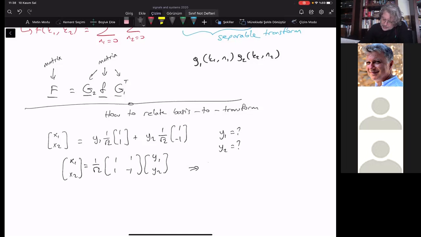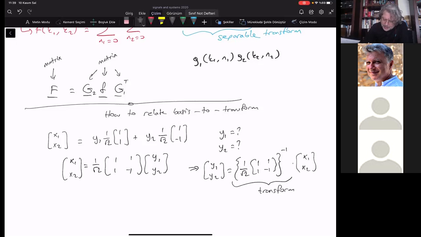I can say that y1, y2 is therefore the inverse of this, to the minus 1, times x1, x2. So this is the transform. And this is the inverse transform.